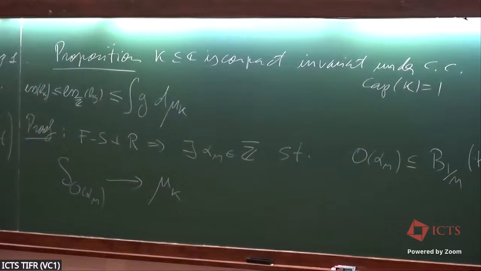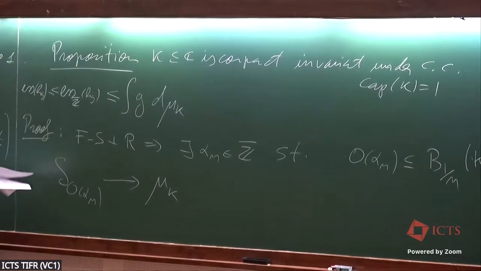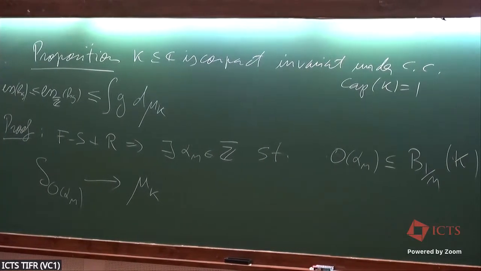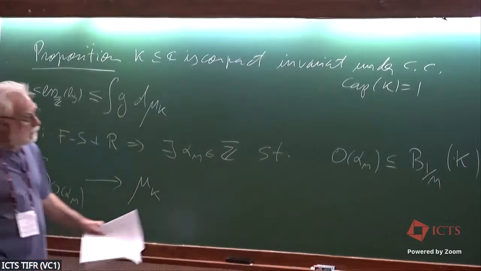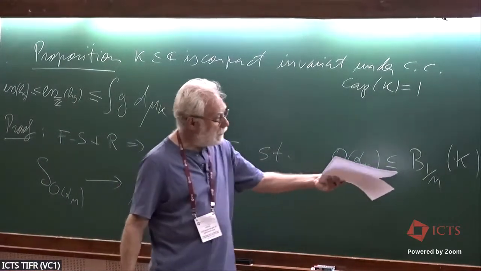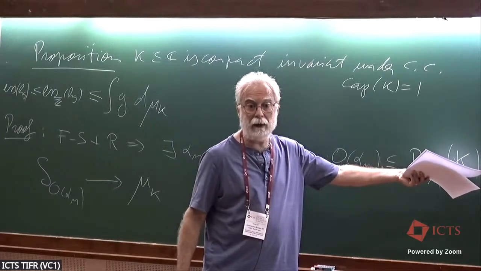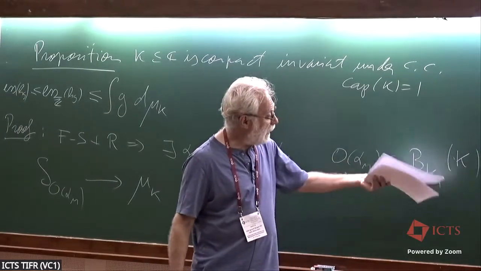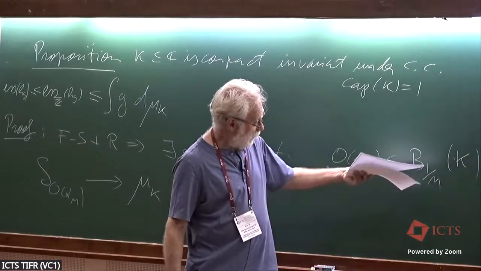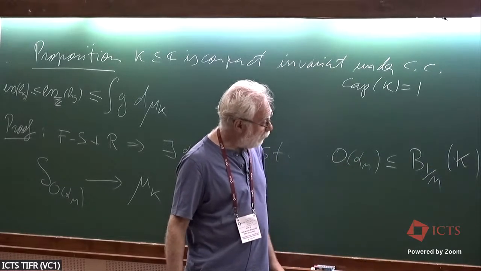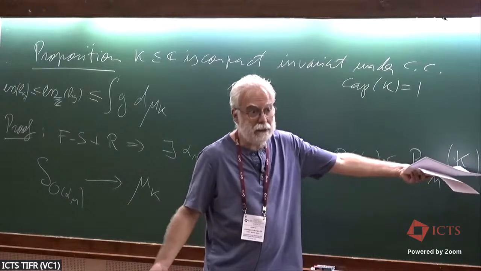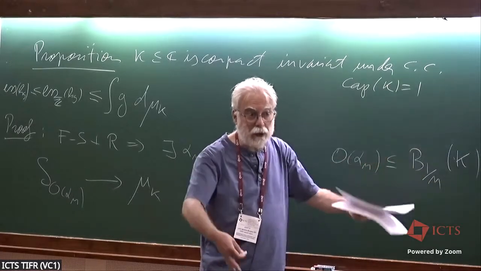But the interesting thing now is that in principle, we can think that this convergence is only weak convergence, but all the orbits are contained in a fixed compact set. Because the moment I start with K compact, then I start, for instance, with the ball of radius 1 around K. This is still compact, and everybody is contained in this compact set.